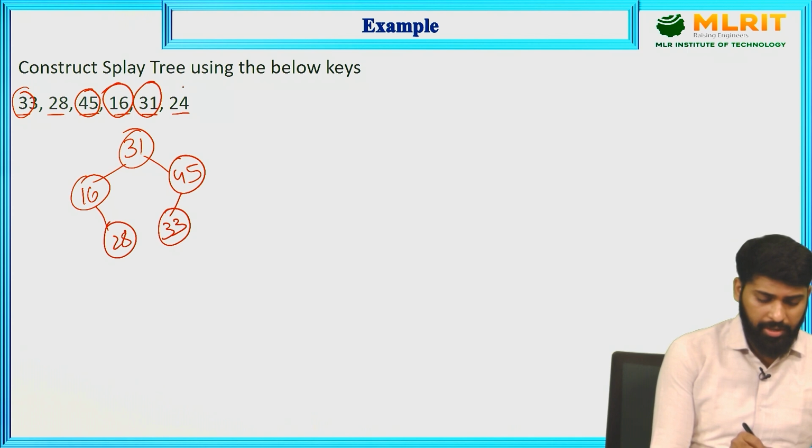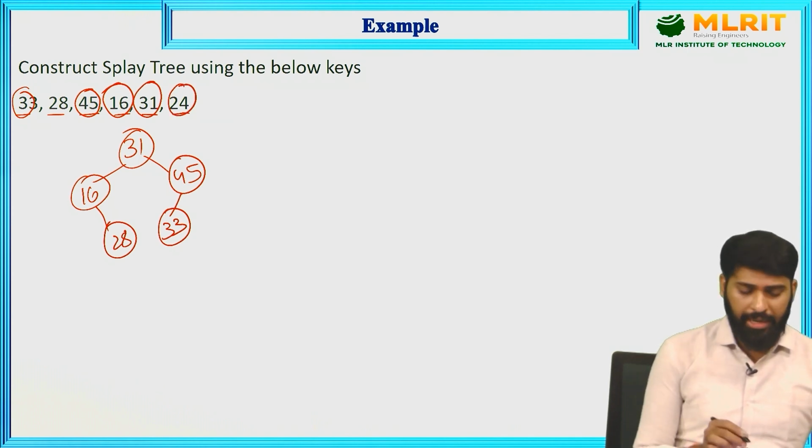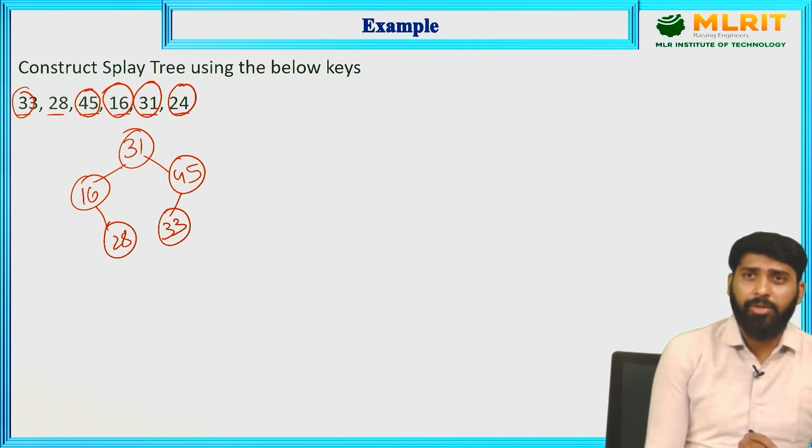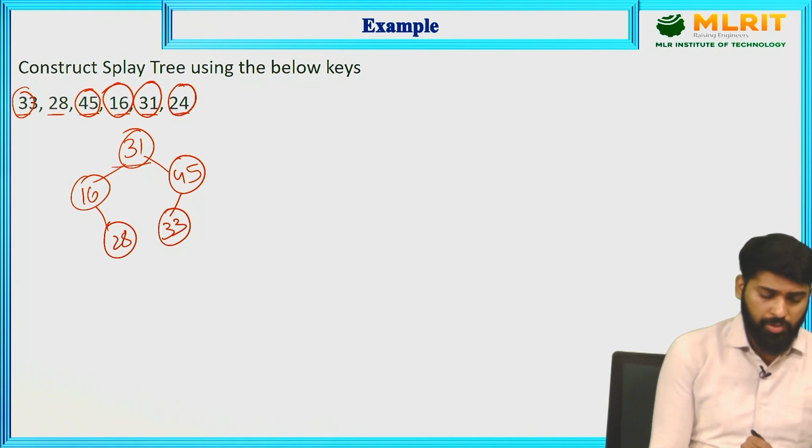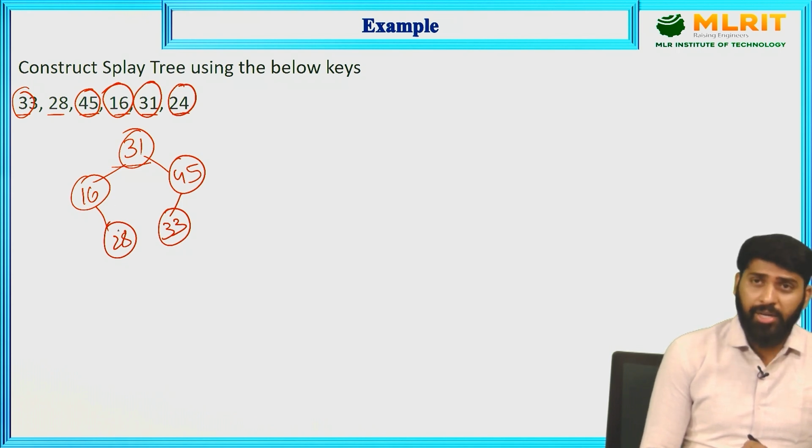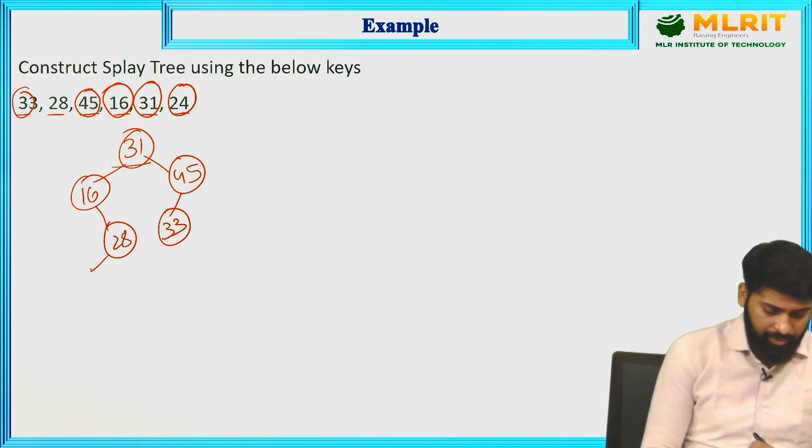Now, the next element is 24. Insert 24, so compare 24 with 31. 24 is less than 31, so traverse to the left of 31, and 24 is greater than 16, so traverse to the right of 16. 24 is less than 28 and 28 does not have any left child, so insert 24 here.